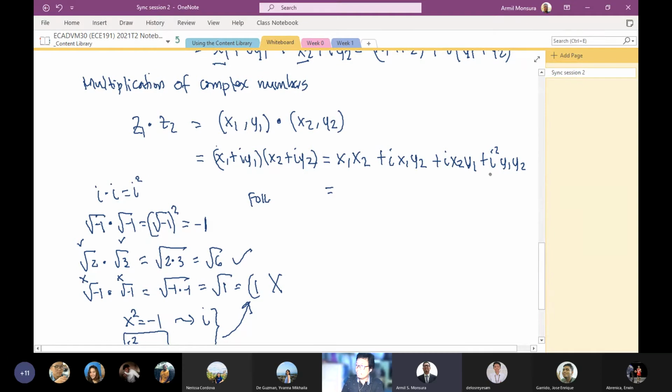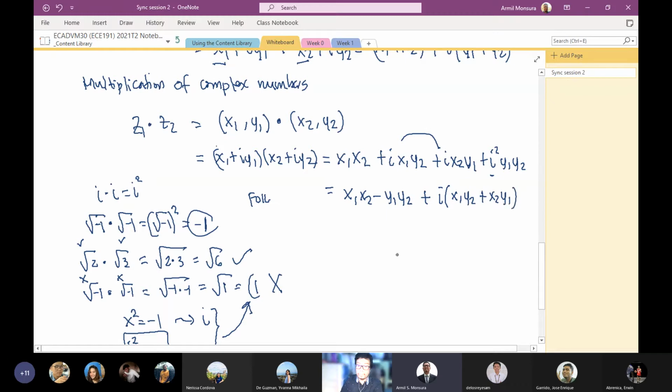Now, again, sabi ko nga sa inyo, we will have to encounter this i squared, which equals -1. So therefore, you would have something like x1 x2 minus y1 y2, plus these two terms having i, combine natin siya in one single term as x1 y2 plus x2 y1.